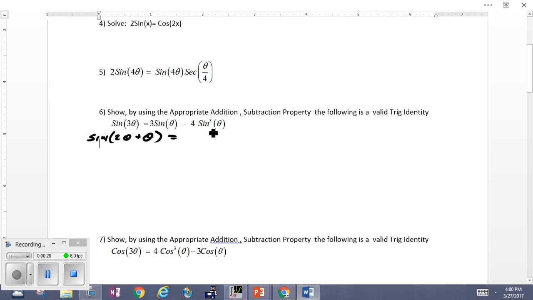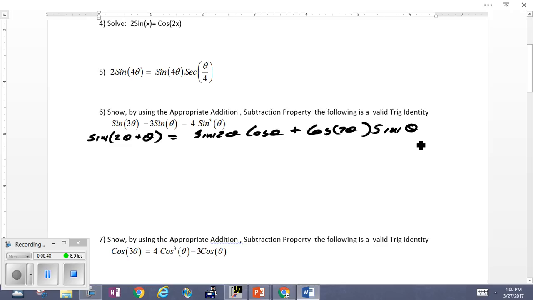And then I'm going to use my expansion of sine a plus b, which should be sine of 2 theta cosine of theta, same sign, plus cosine of 2 theta sine of theta.